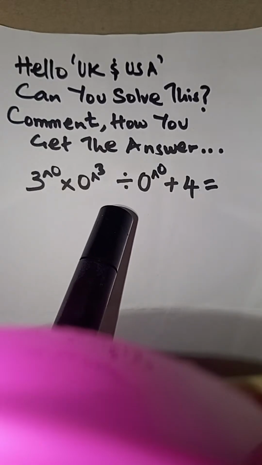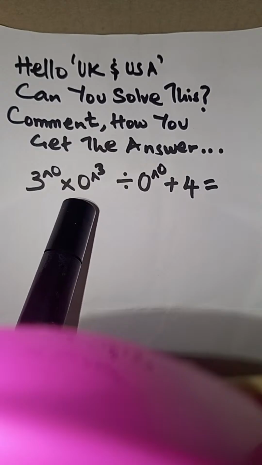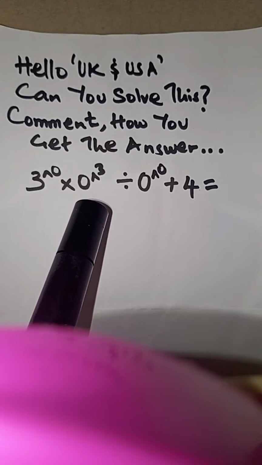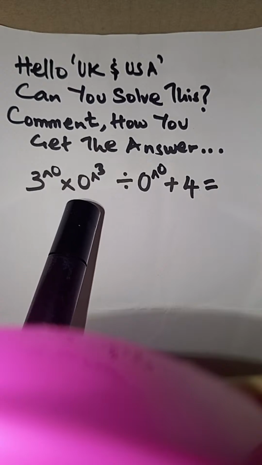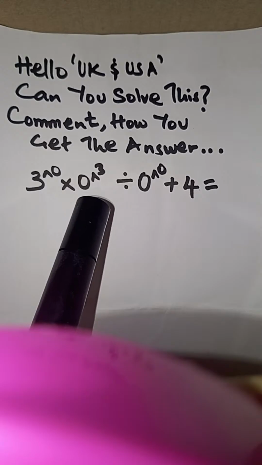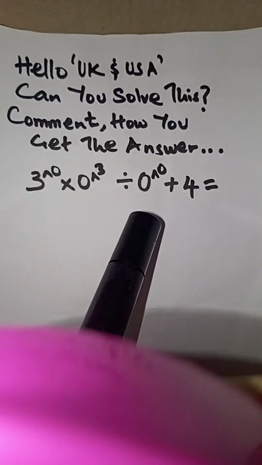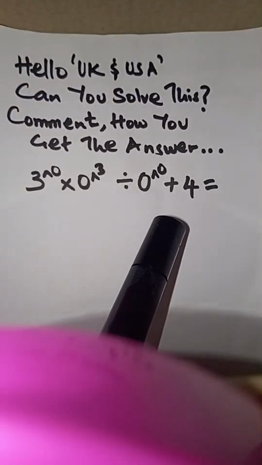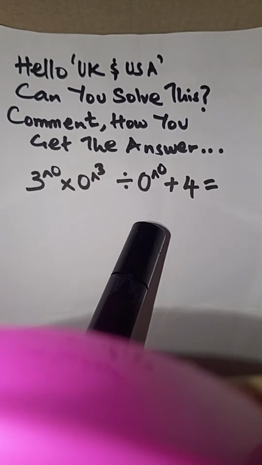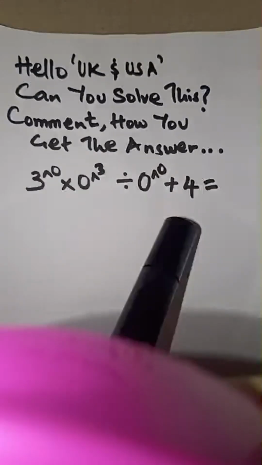And as you share the experiences of how to get 3 raised to power 0 multiplied by the product of 0 raised to power 3 divided by 0 raised to power 0, of course, plus 4.